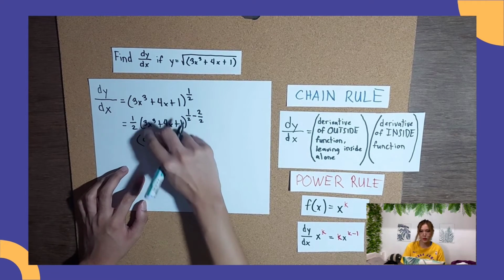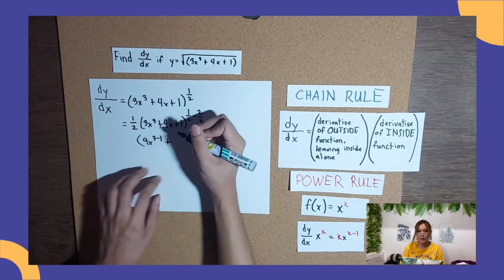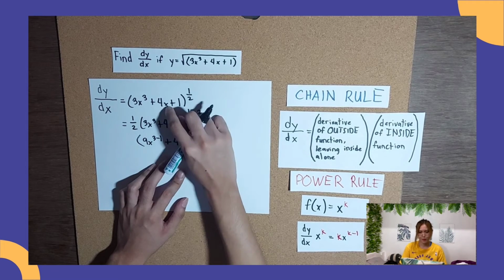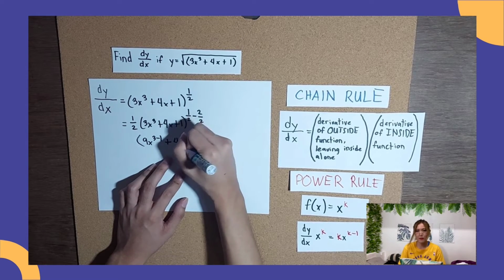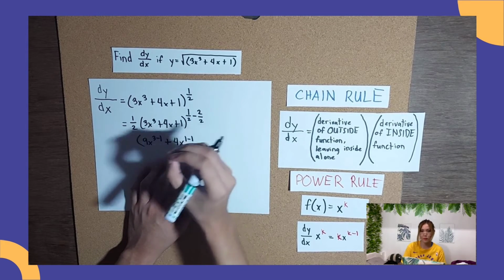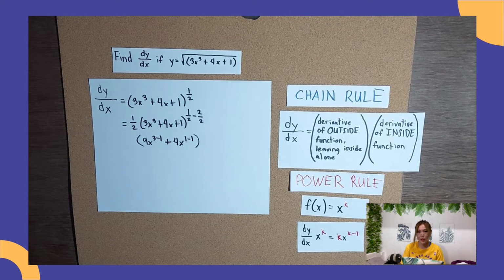Copy the variable x and raise it to the power of 3 minus 1, plus the derivative of 4x, which is 1 times 4 equals 4. Copy the variable x, raise it to the power of 1 minus 1, and the derivative of 1 will be 0. Because the constant rule states that the derivative of a constant is 0, but it is not necessary to write it down.